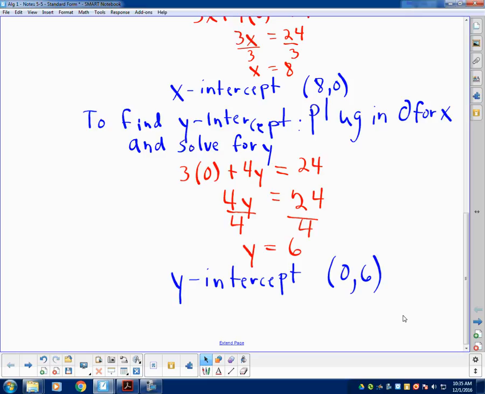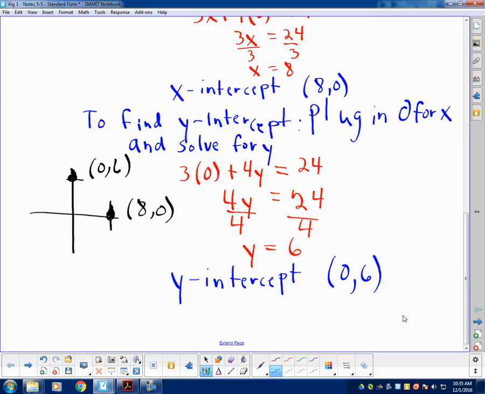So if I had those 2 points and I wanted to graph the line, I could say, okay, over here at 8, 0, let's call this 8, 0, I have one coordinate of the line, and then the other coordinate is up here at 0, 6. And with those 2 points, I could graph my line. So that's finding the x and y intercepts of a linear equation in standard form.